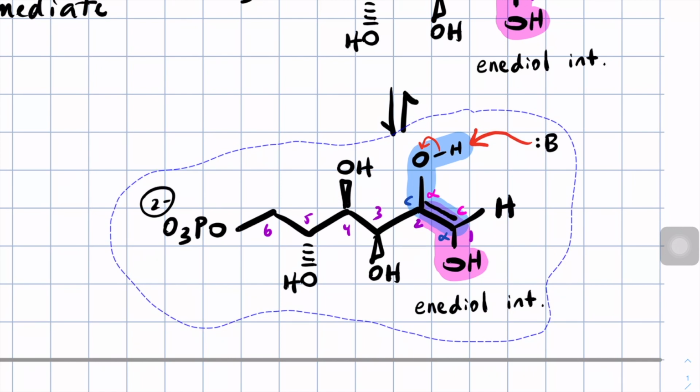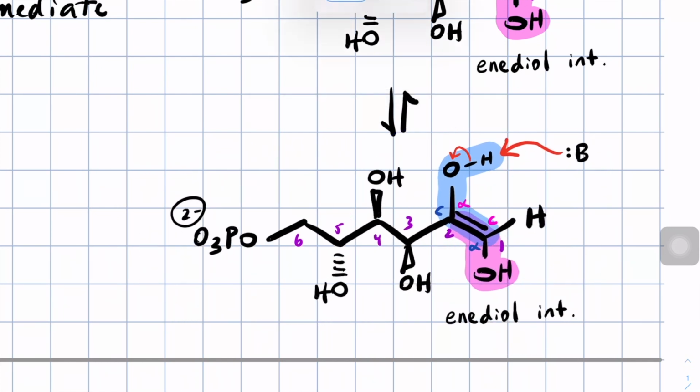So let me show you the enolate that comes from removing the proton from the blue oxygen. I'll erase the pink stuff. There should be a negative charge on our C2 oxygen.